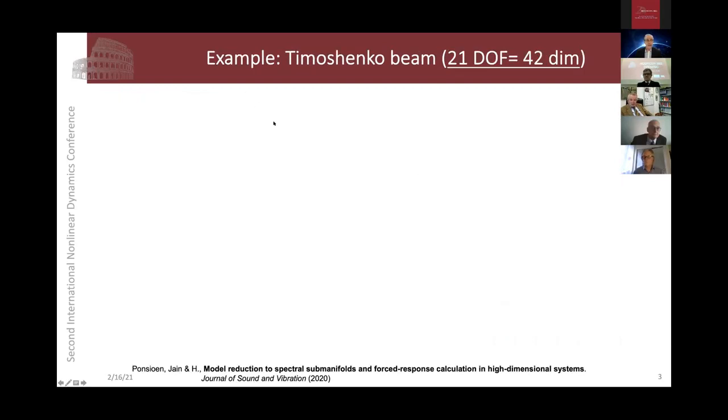Now, if you do this in practice, I just want to show you an example where you do have nonlinearities as well. So this is a Timoshenko beam, just 21 degrees of freedom. We're not in the finite element domain, right? Far from that. It's a 42-dimensional phase space in which you want to do your simulation.